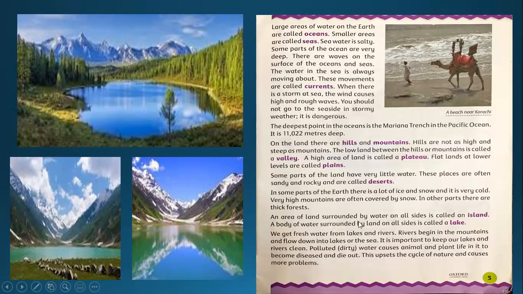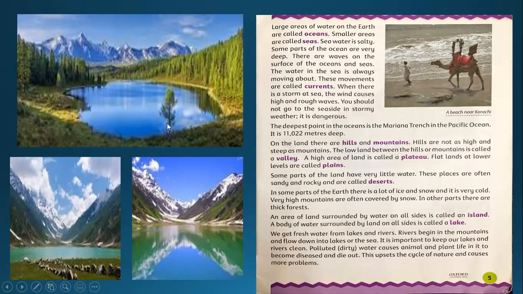Area of land surrounded by water from all sides is island, and a body of water, look, it's water in the center, surrounded by land from all sides. What is it called? It is called a lake. The opposite of island is lake. Island, area of land surrounded by water, and lake is the body of water surrounded by land.